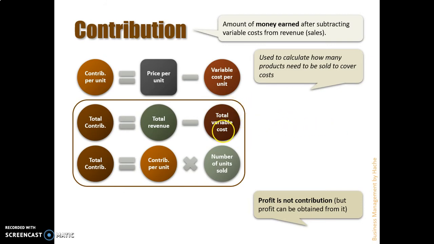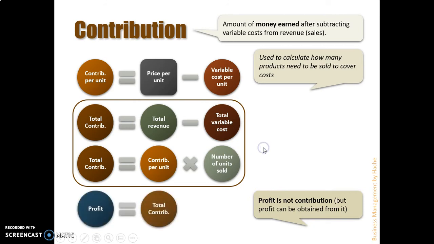However, we can use the contribution to find out the profit. How? Well, we get the profit by subtracting the total fixed costs from the total contribution. So this is another way to get the profit. I hope this is clear. Now, let's move forward.